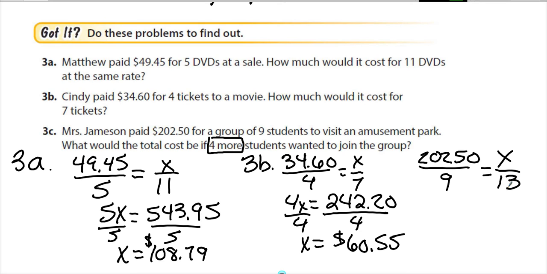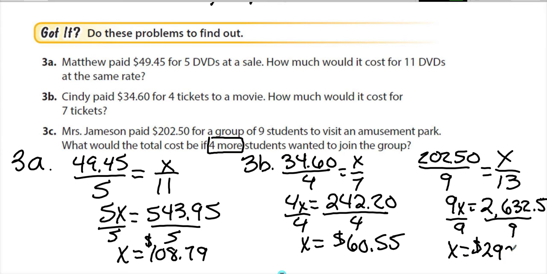So that's going to give us 9x equals 2,632.5. Then we're going to divide that by 9. And we come out to 292.50. Okay. And that's the last one.